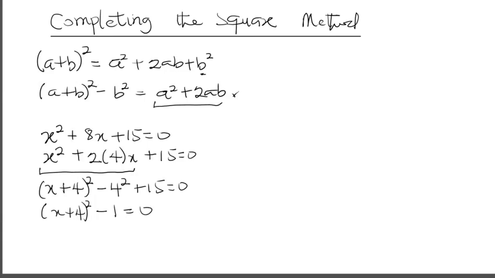In the case whereby you are just asked to express it in the form a(x + b) all squared plus c, then you just end here. But in this case, we are solving it. So I'll move negative 1 across the equal to sign, and we'll have (x + 4) all squared is equal to positive 1.